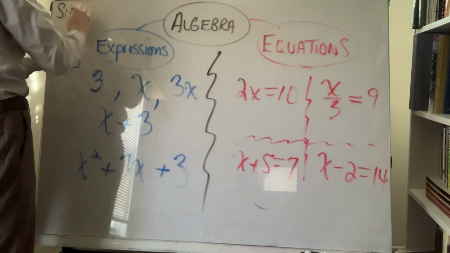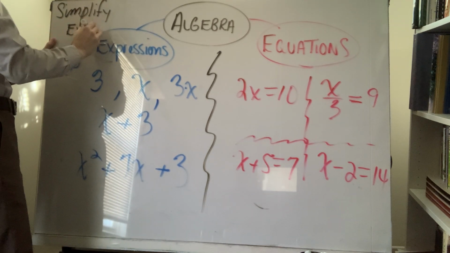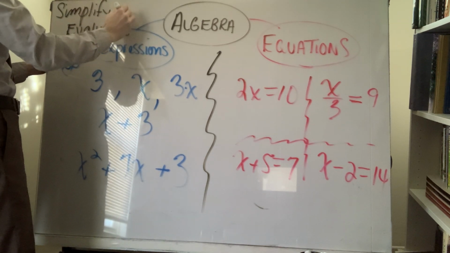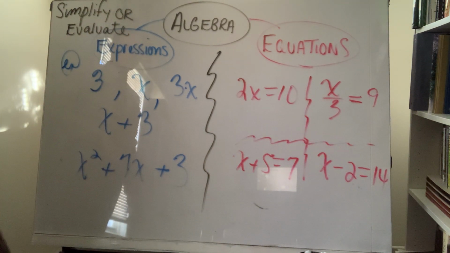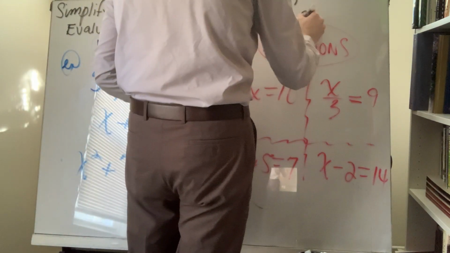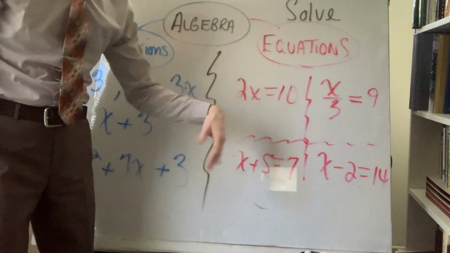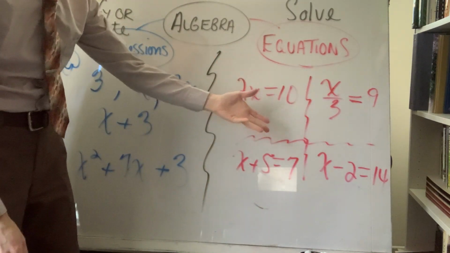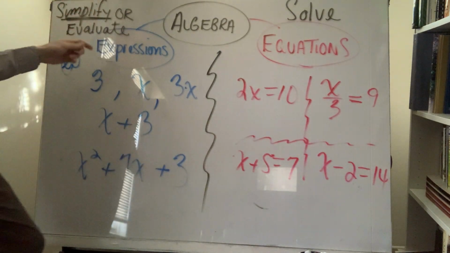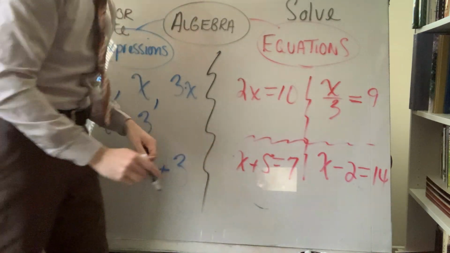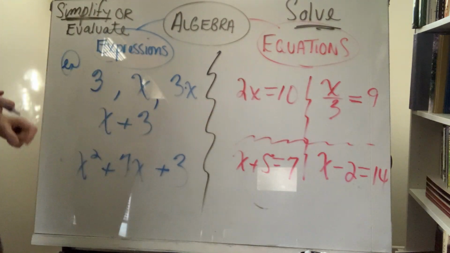Simplify, or evaluate. It's usually one of those two instructions when we're vaguely referring to an expression. Solve, on the other hand, is the word of choice when you're talking about equations. Now, because equations involve expressions, they are made from them, you may end up having to simplify first, but ultimately you have to follow a distinct set of rules in order to solve them. It's different, and you'll see why in a moment.